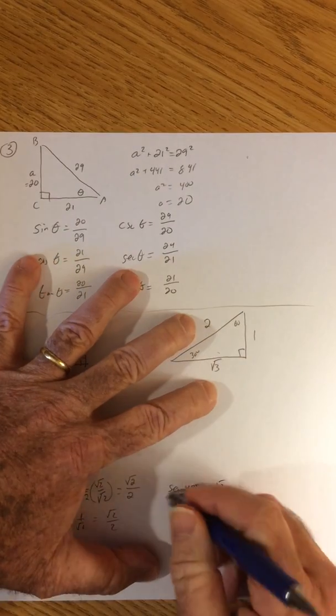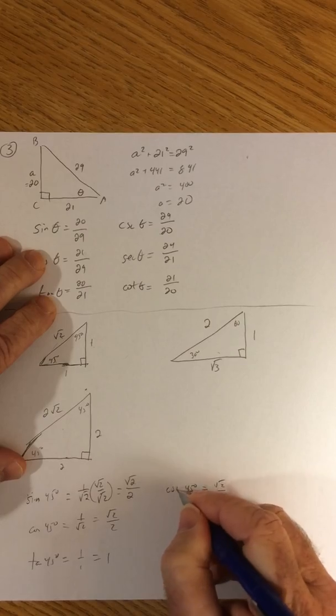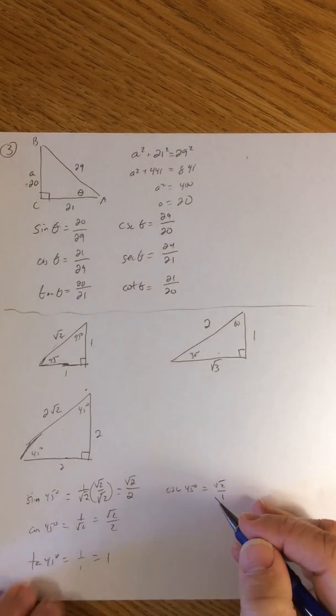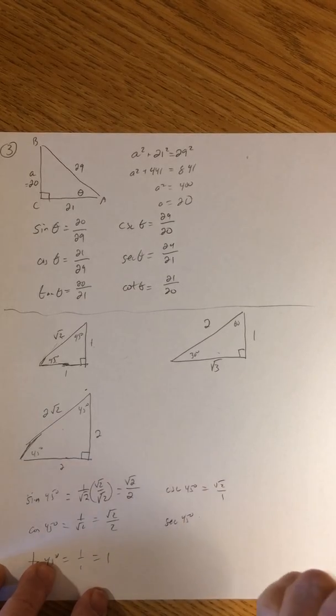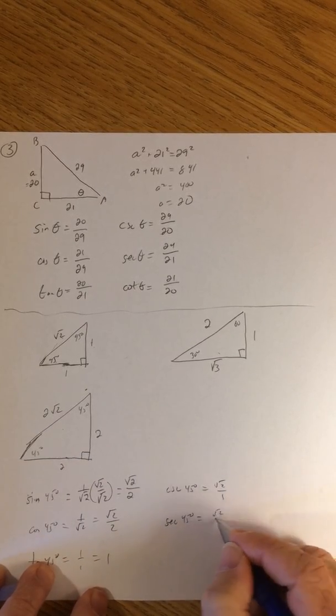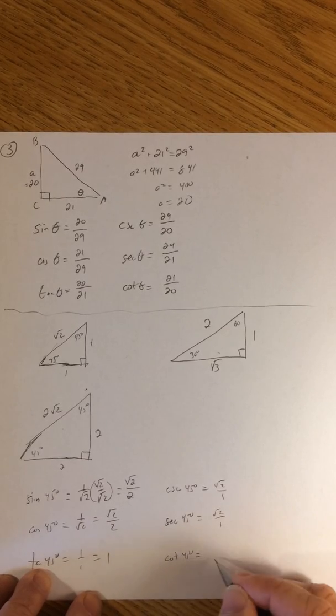I should have put the cosecant next to the sine, because the cosecant is the reciprocal of the sine. Secant of 45 degrees is also square root of 2 over 1. And cotangent of 45 degrees is the reciprocal of 1, which is 1.